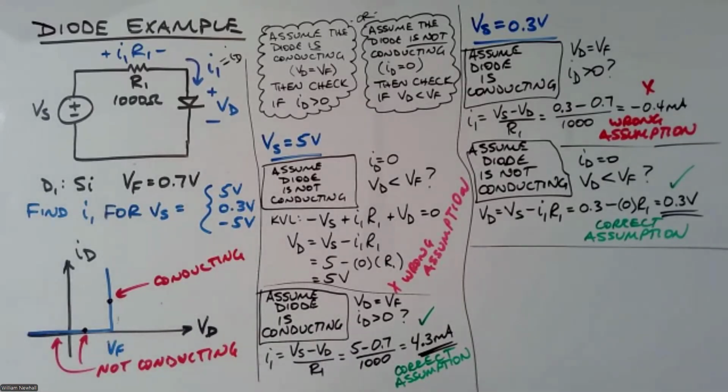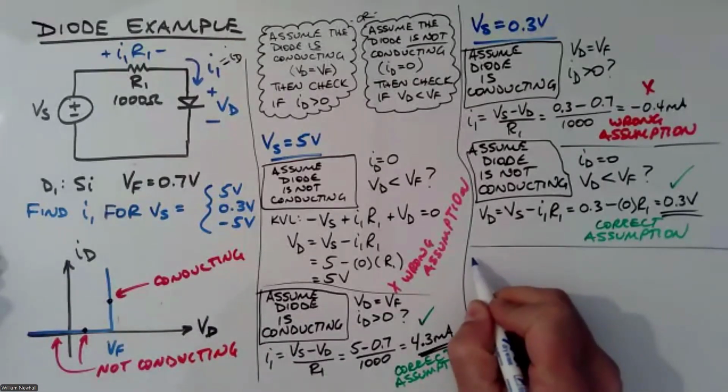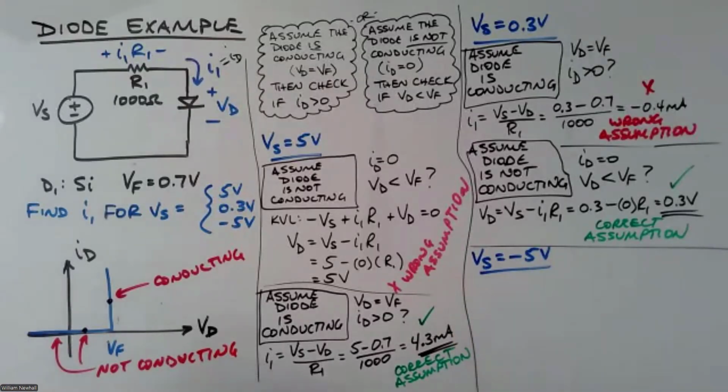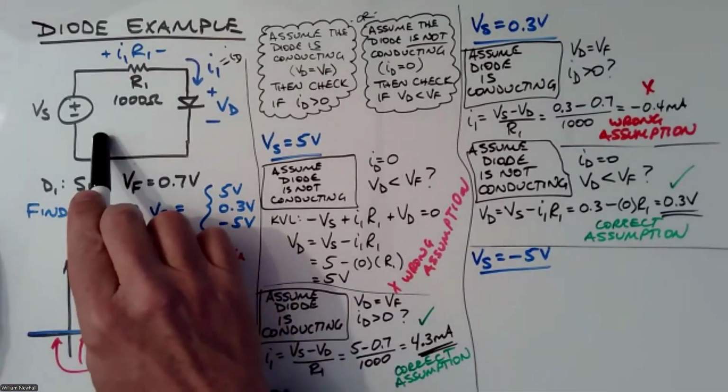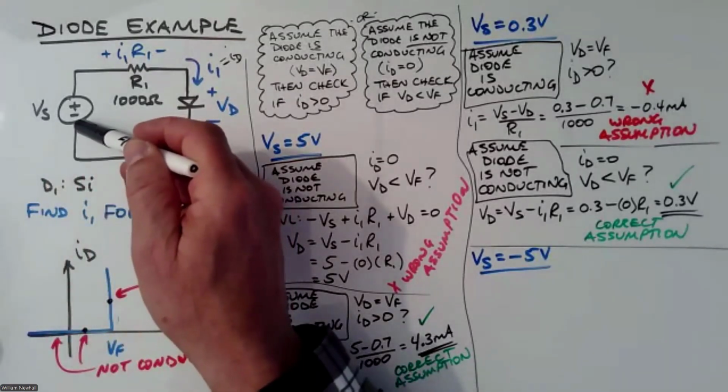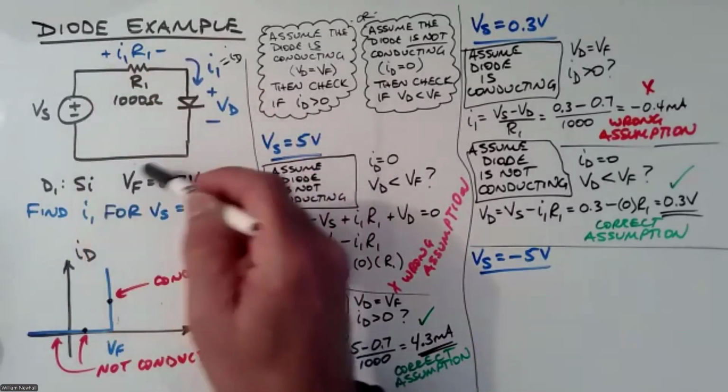Finally, let's set VS equal to negative 5 volts. So VS is negative 5 volts. Current would try to flow counterclockwise around this circuit.